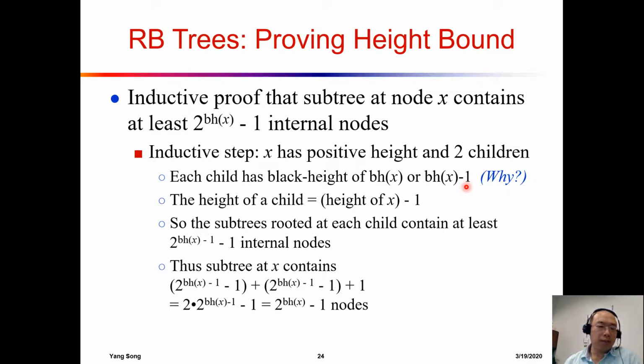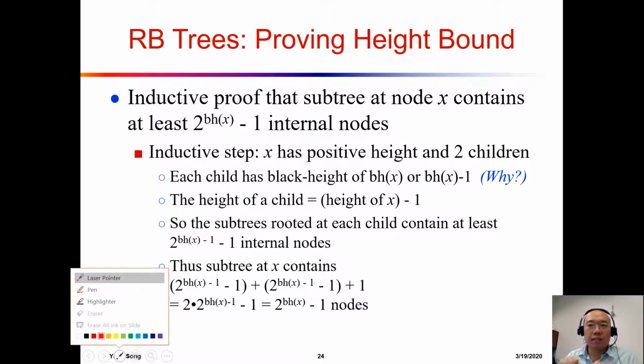Okay, and then the height of a child is guaranteed to be the height of the parent x minus 1. So in this case, a subtree rooted at each child contains at least 2 to the black height of x minus 1, minus 1 again, internal nodes. So we are trying to break a subtree rooted at x into 3 parts.